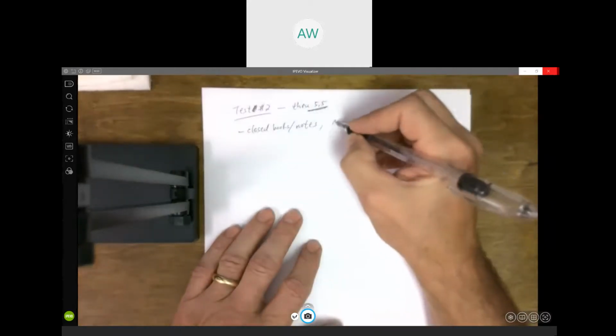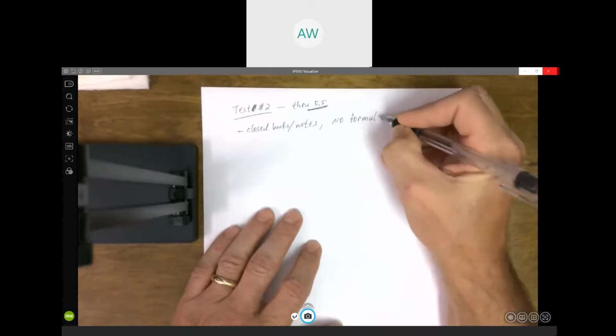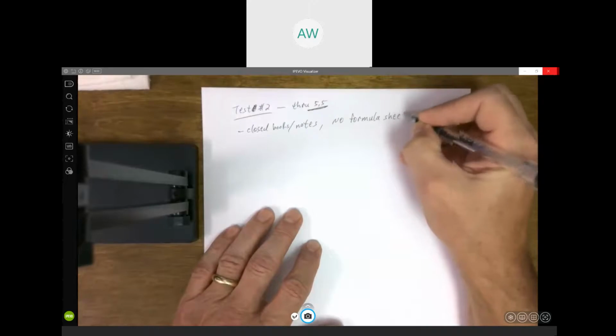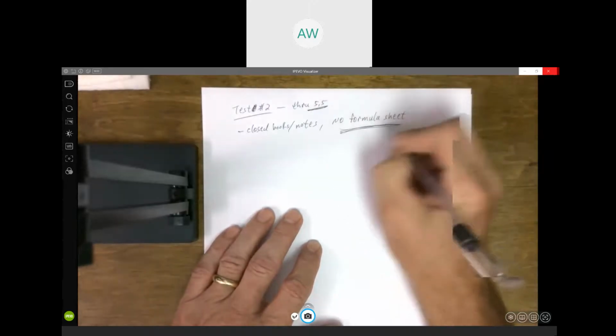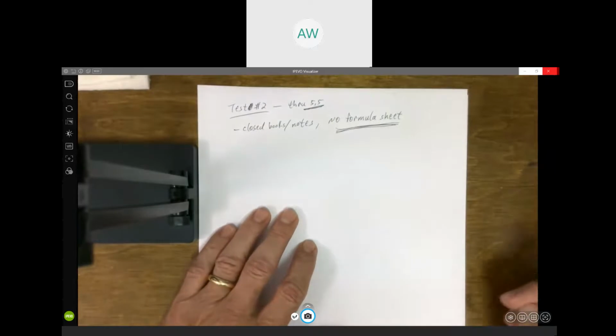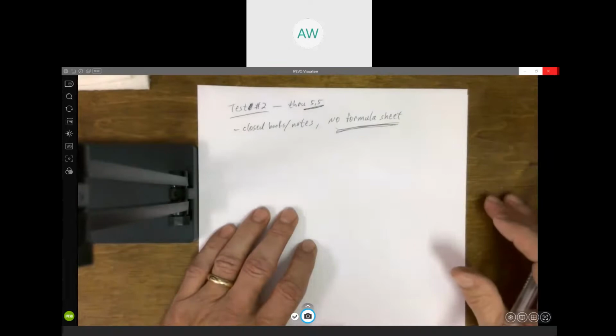There is no formula sheet provided, but we'll look at this in a minute. And there's not that many formulas that you got to worry about. So keep this in mind as you're preparing, studying. Closed book, closed notes, it's all you.